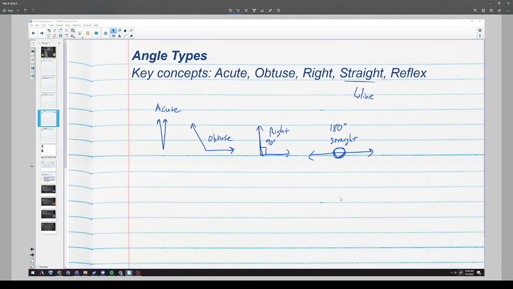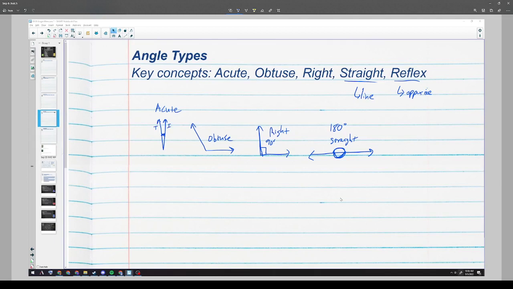The other one that's new is reflex angle. So reflex angle is like the opposite angle. As an example, we have this acute angle, and this would be the initial side and the terminal side, right? I'm measuring from here to here, and I make an acute angle.